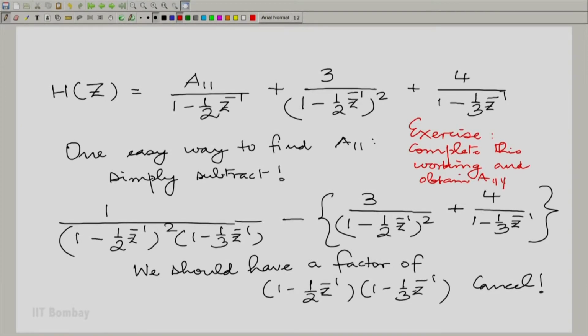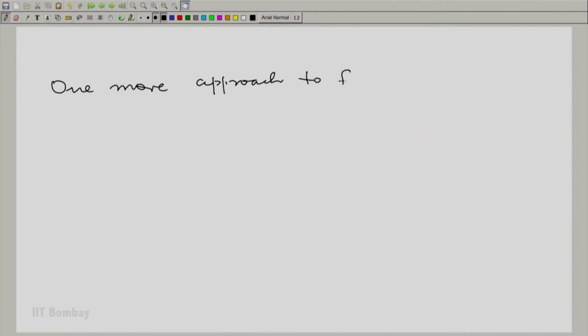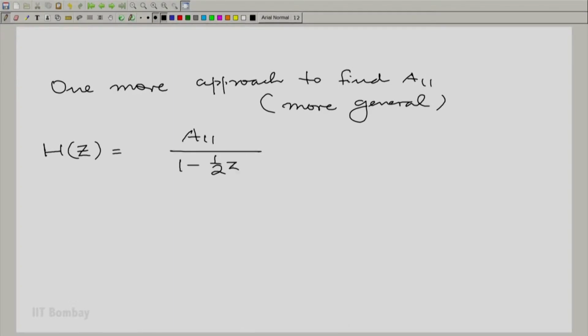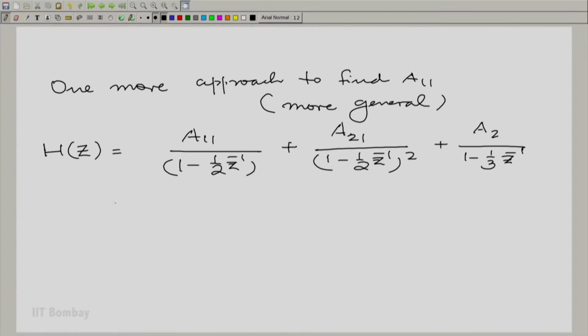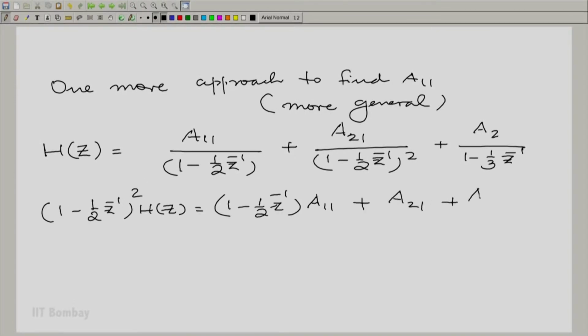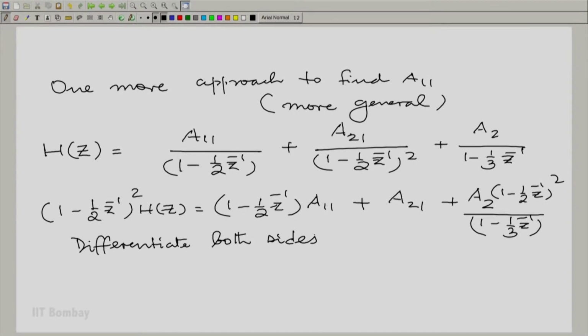Now, there is another way in which you can find A11. Let us explain that too. And this is more general. So, we have H of Z is of this form. We can multiply both sides by (1 minus half Z inverse) squared. Now, we can differentiate both sides with respect to Z inverse.